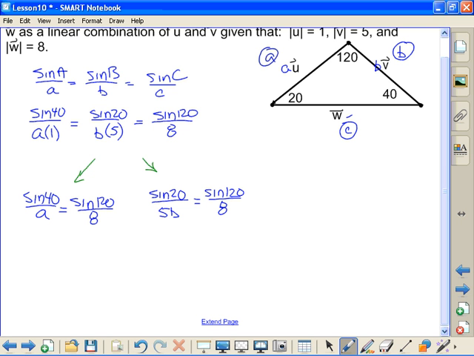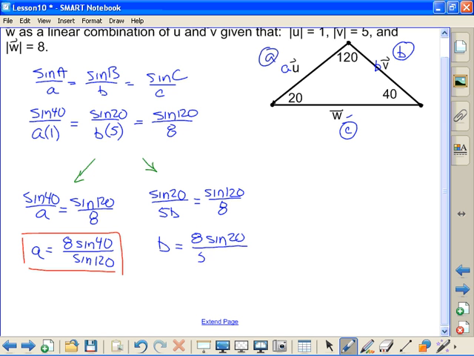Isolating and solving, a would equal 8 sine 40 divided by sine 120. So there's one coefficient or scalar value. And the other one, b would equal 8 sine 20 over 5 sine 120. There's our other coefficient.